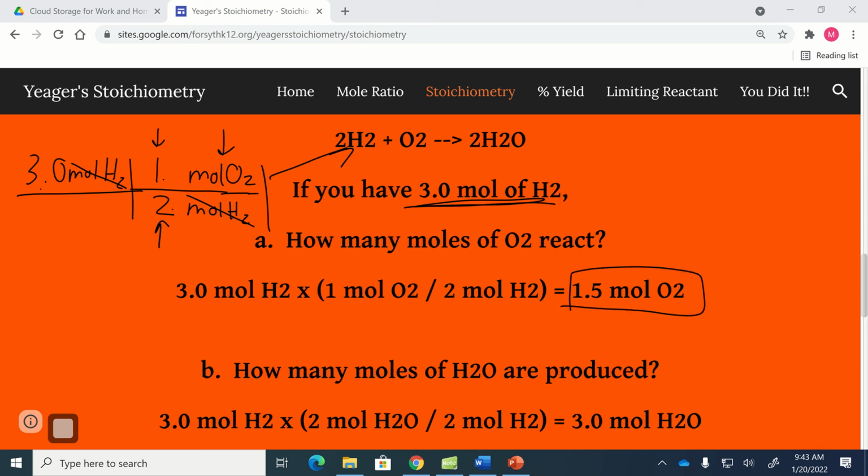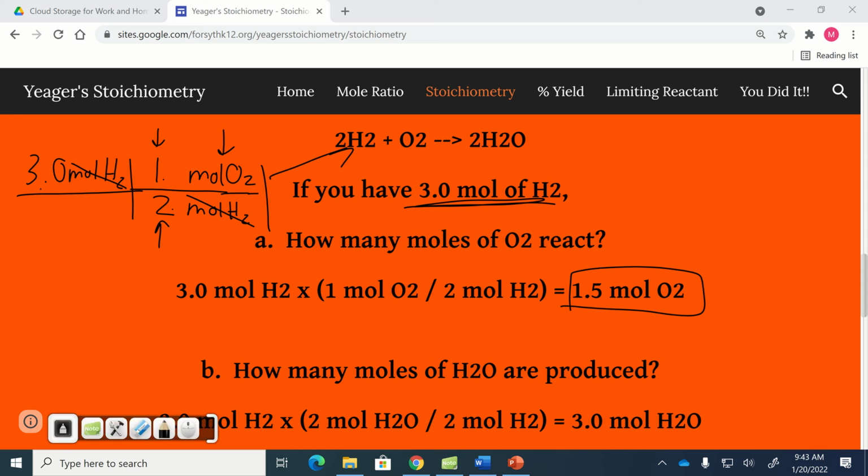So if I have 3 moles of H2, it will react with 1.5 moles of O2. And you can see I still have my 1 to 2 or 2 to 1 ratio there. Okay? Again, it depends on how you're perceiving it. All right? But that's basically it.